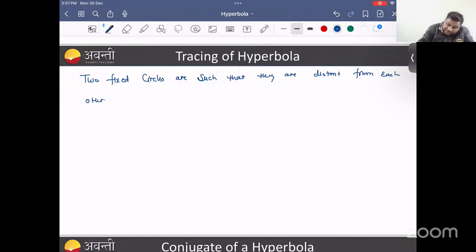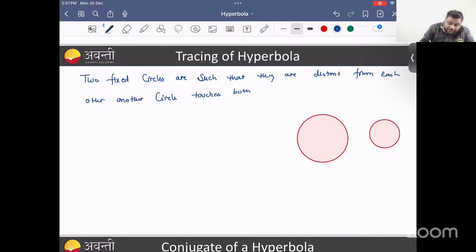The situation is something like this: one circle here and another circle here. Got it? Now another circle touches both of them externally.